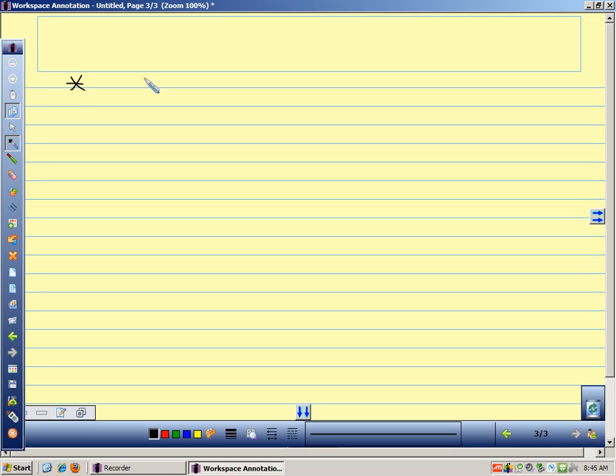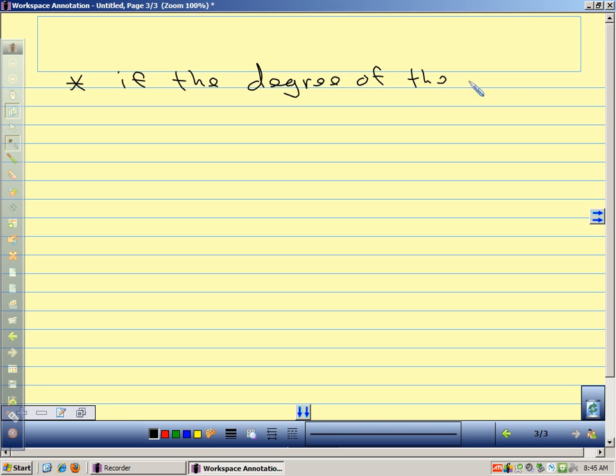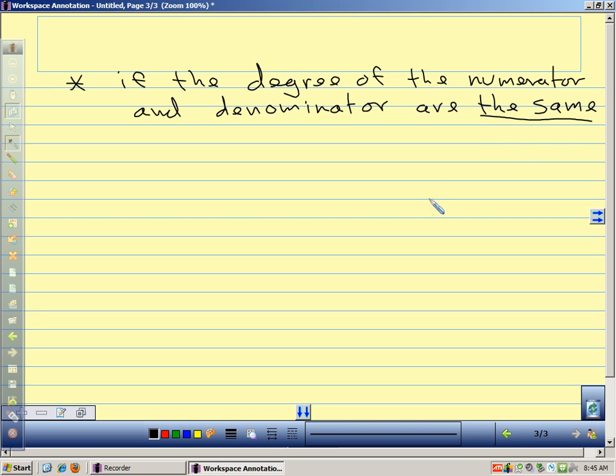Our second rule for horizontal asymptotes: if the degree of the numerator and denominator are the same, then the line y equals a sub n over b sub n, which is the ratio of the leading coefficients, is a horizontal asymptote.